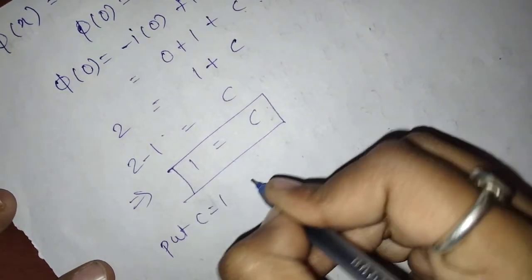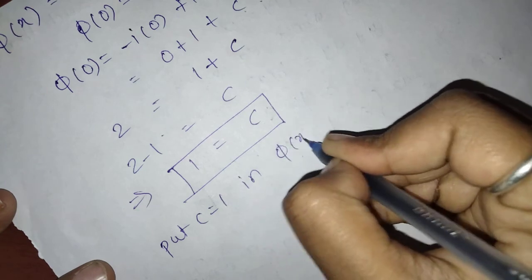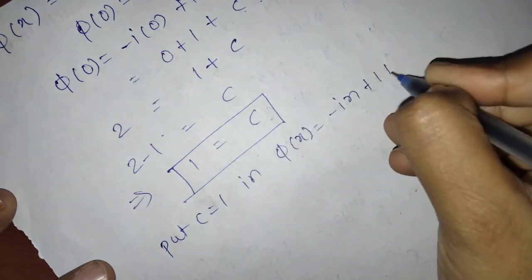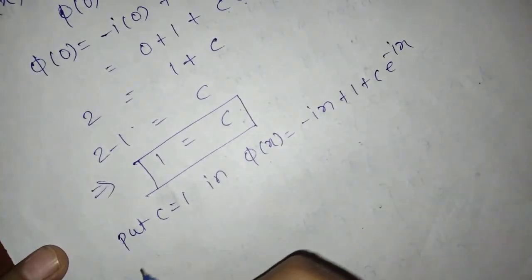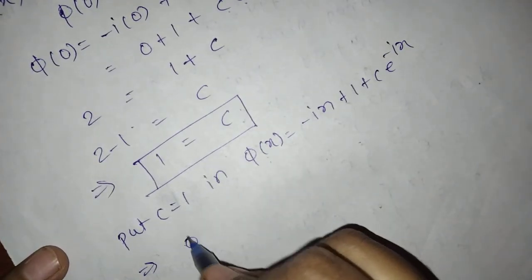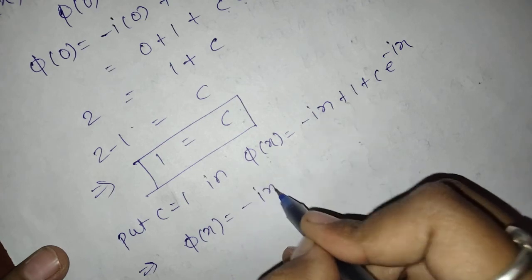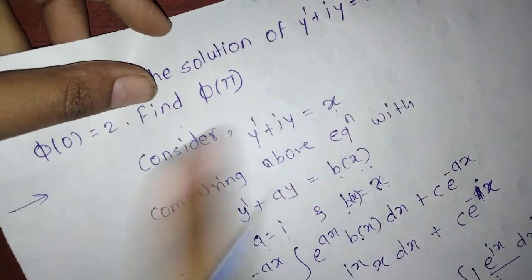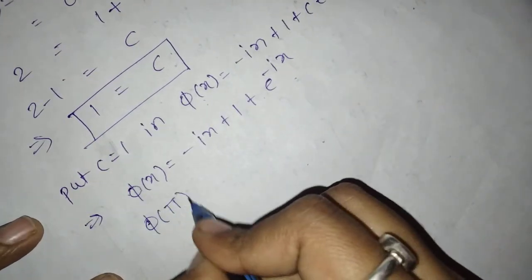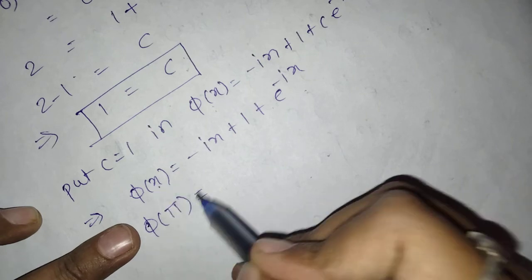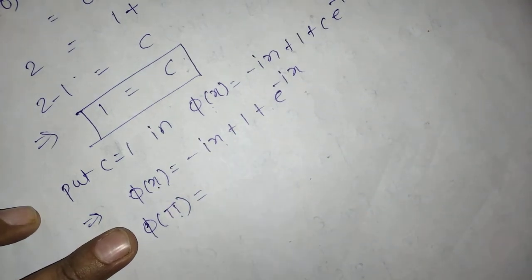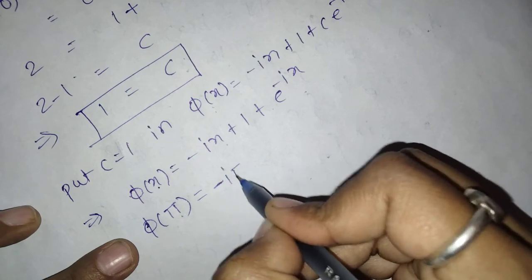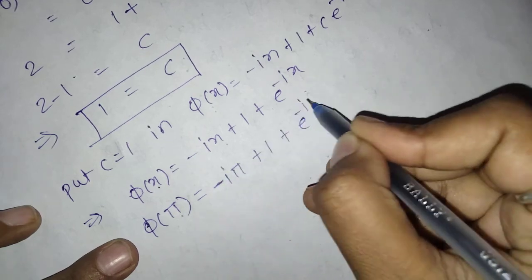Put c is equal to 1 in phi of x is equal to minus ix plus 1 plus c into e raised to minus ix, which implies phi of x is equal to minus ix plus 1 plus e raised to minus ix. Now our job is to find phi of pi. So phi of pi, replacing x is equal to pi, is minus i pi plus 1 plus e raised to minus i pi.